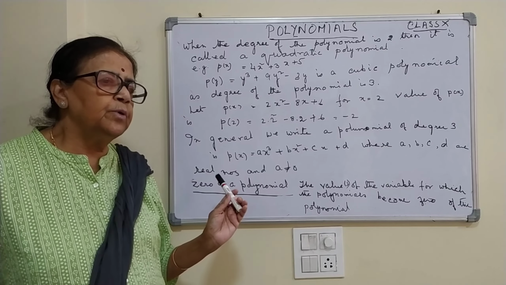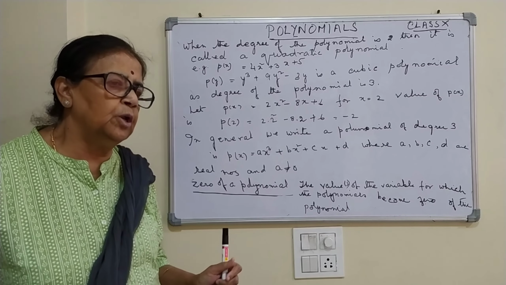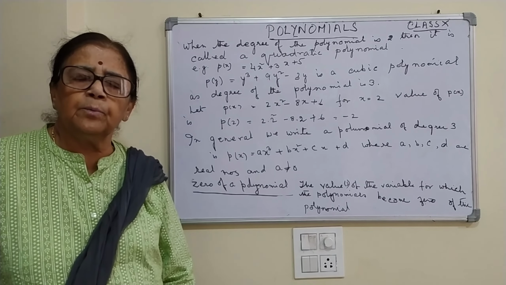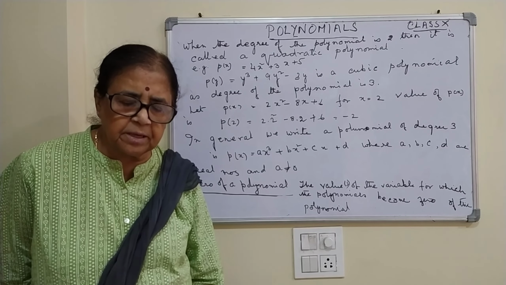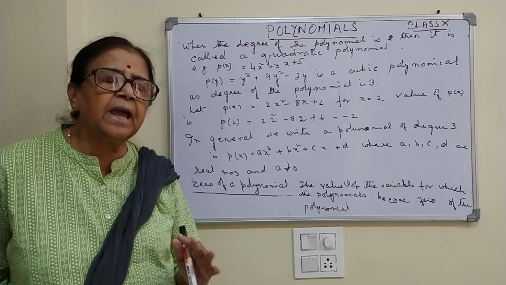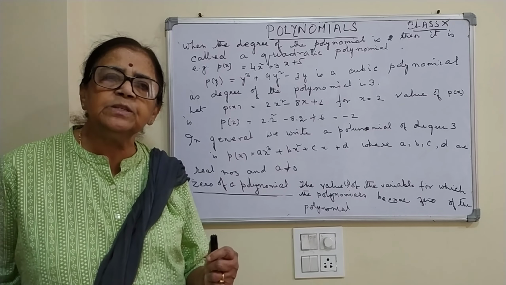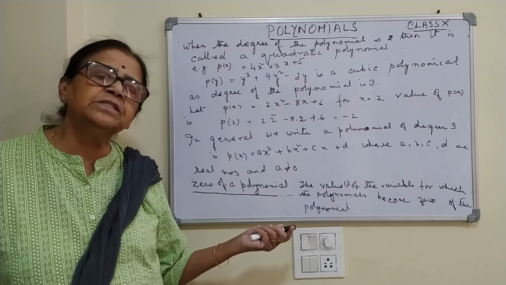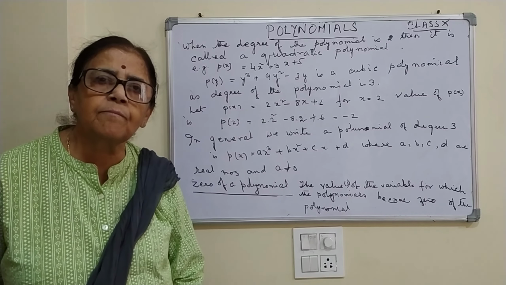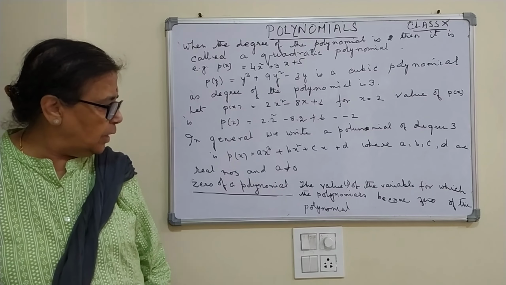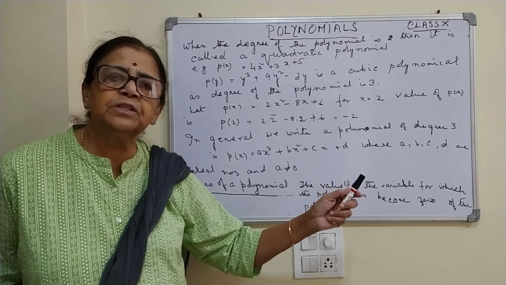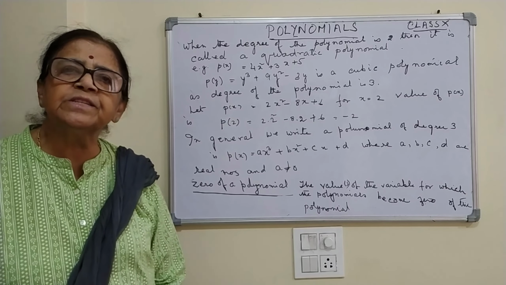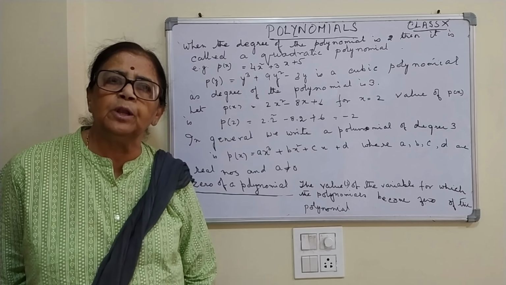We go to zero of the polynomial. Reading the title also we can understand. Zero of the polynomial means the value of the variable for which the polynomial becomes 0. 2x is a polynomial.